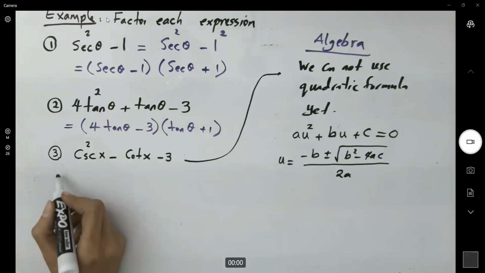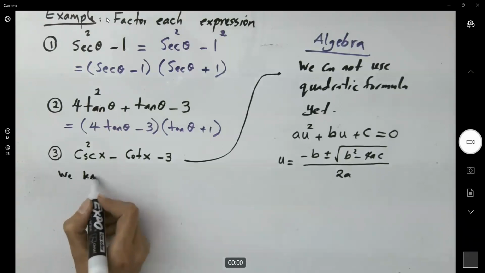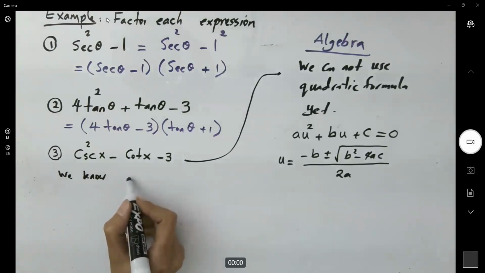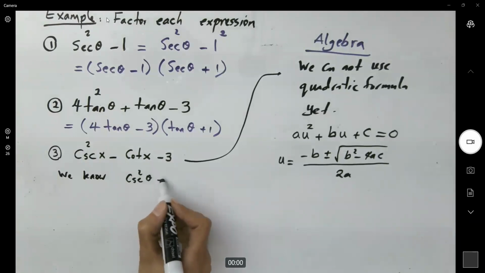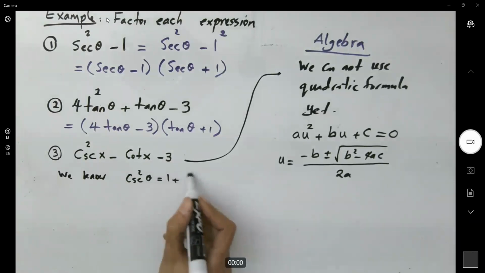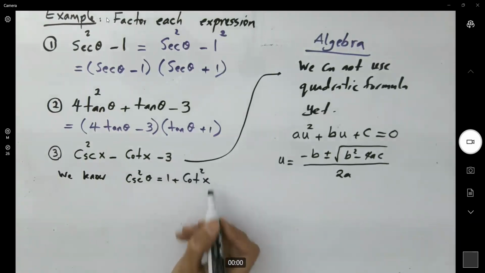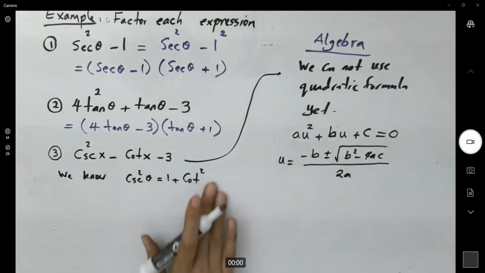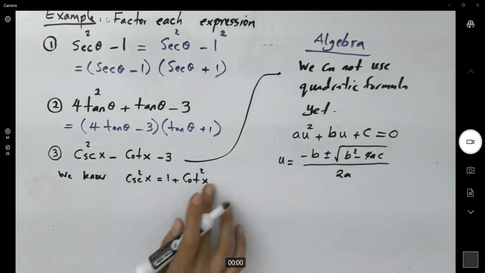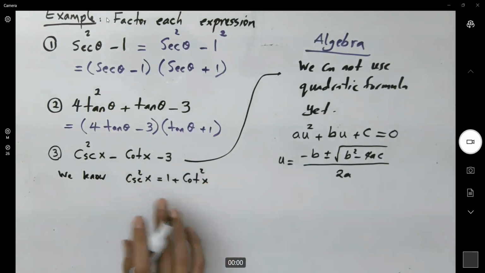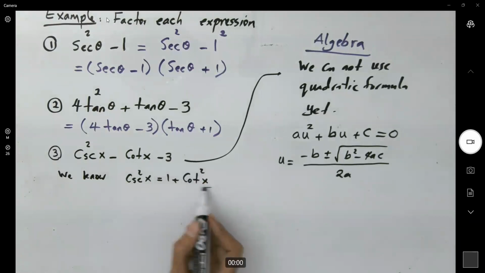Well, we know that cosecant squared of theta is equal to 1 plus cotangent squared of theta. Choose x or theta, it doesn't matter. Right, we learned about this trig identity.